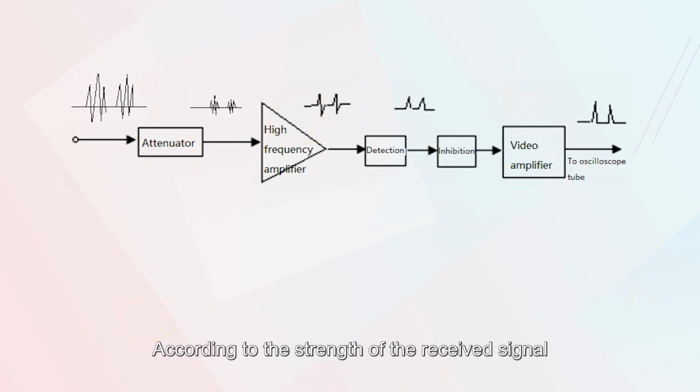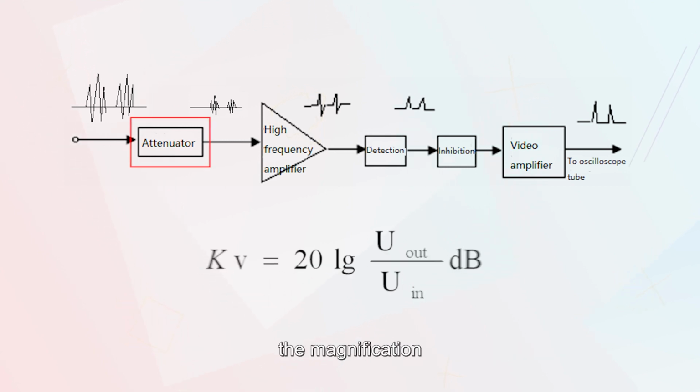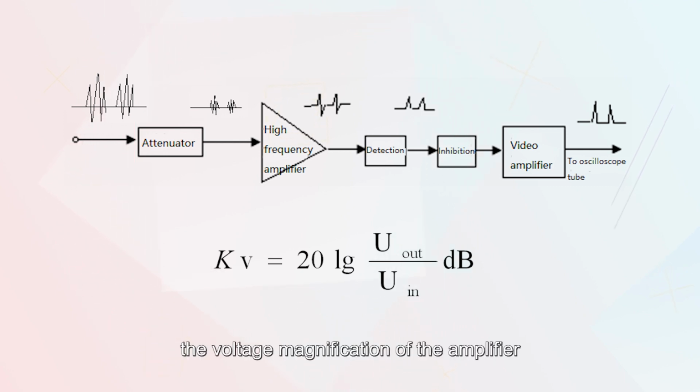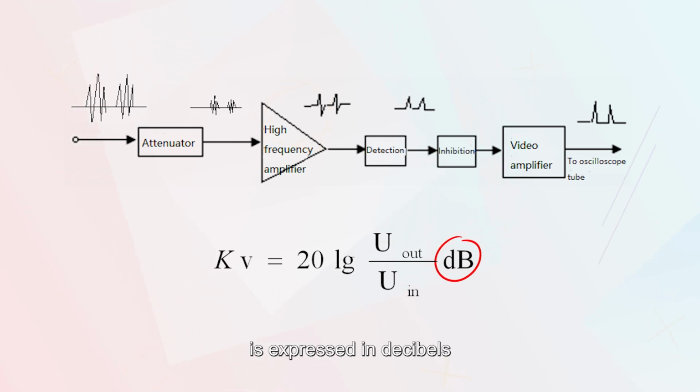According to the strength of the received signal, the magnification can be adjusted by the attenuator. Generally, the voltage magnification of the amplifier is expressed in decibels.